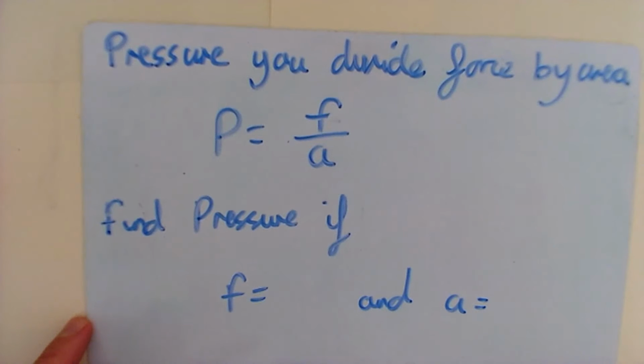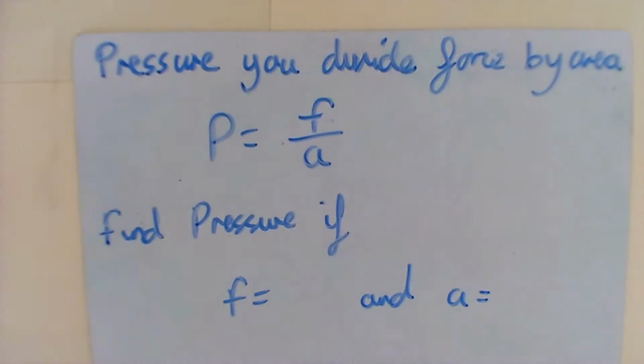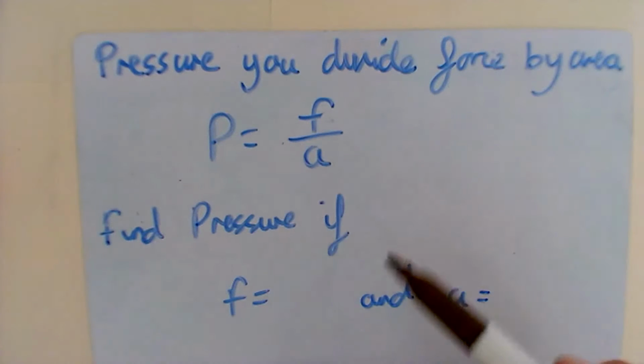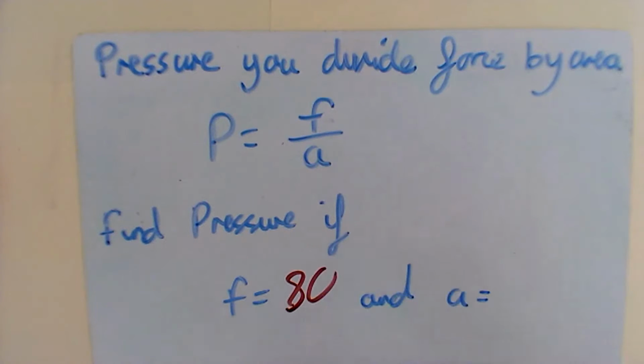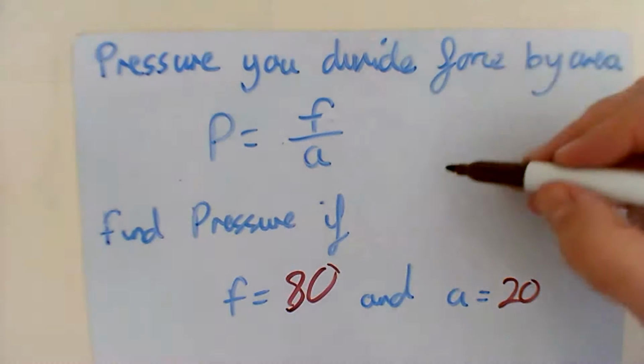So to find the pressure of something, you divide the force by the area. Pressure is equal to force divided by area. So say, for example, the force was 80 and the area was 20, you would just use your formula.